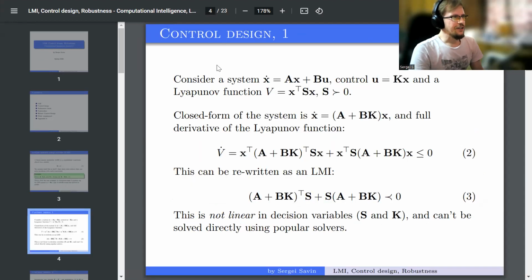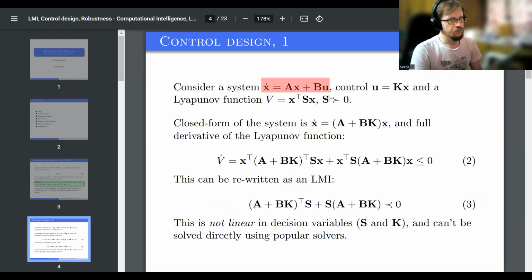Now let us consider the system with control U. Now we'll see the derivations of those things. Let's have the system x dot equals A x plus B u, with control u equals K x.